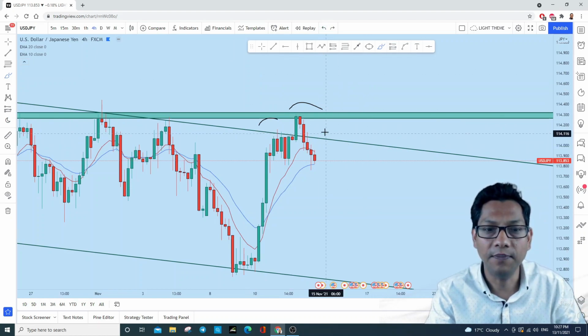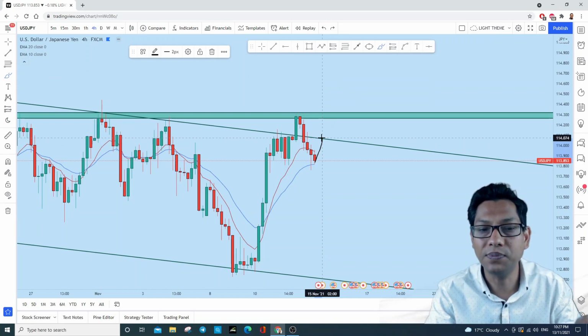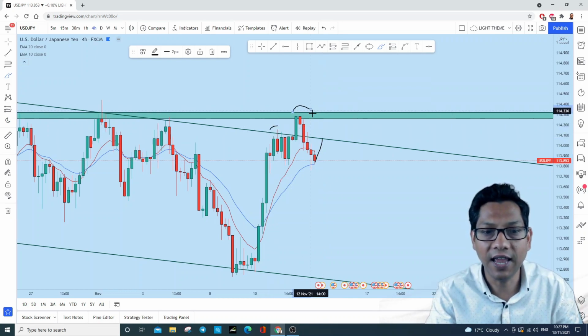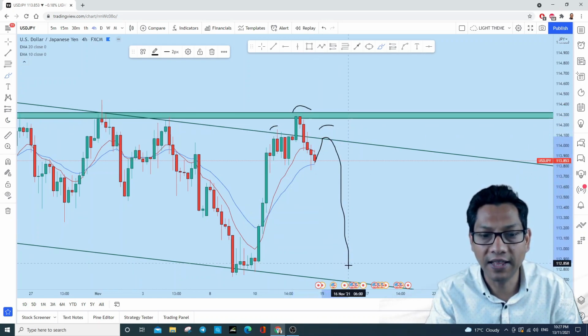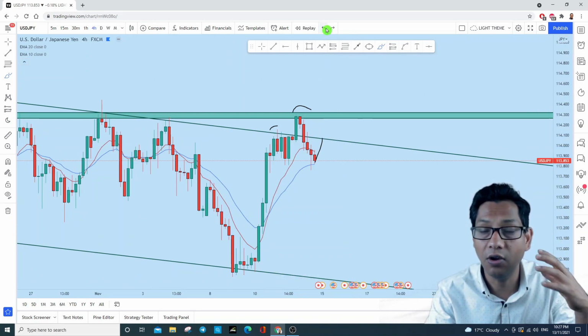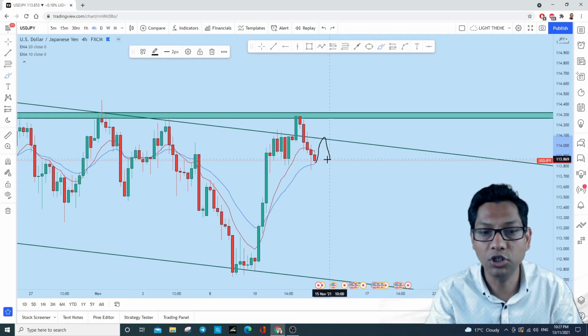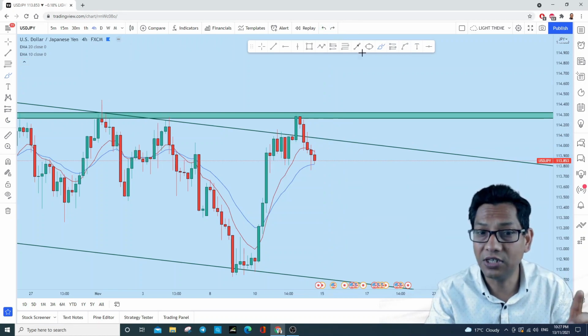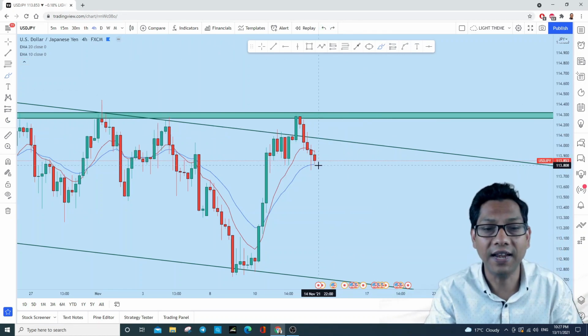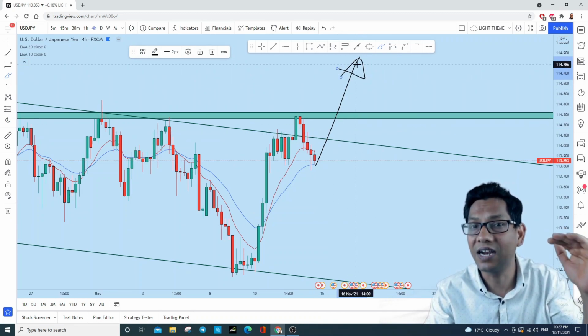From here, in the new trading week, we might see another push to the upside, creating a complete head and shoulder pattern, and then a drop to this level. So what we will be doing on the 4-hour in the new trading week is waiting for the completion of this head and shoulder pattern. But remember, as I told you, this is an uptrending market. At any point, this instrument may directly start to move up.